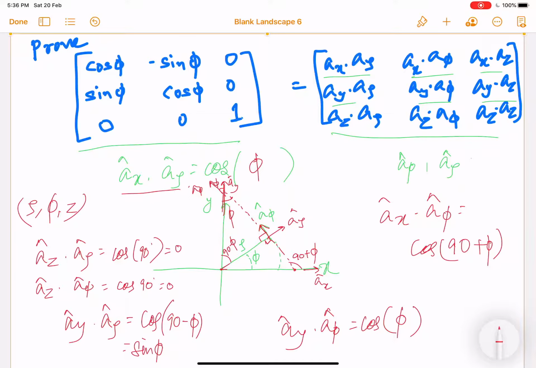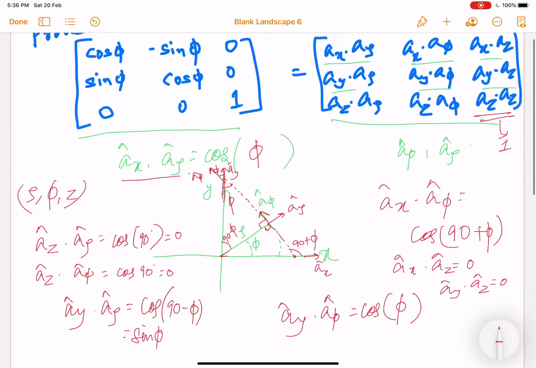What about ax cap dot az cap? Again, this is cos 90 degrees, 0. Ay cap dot az cap is again 0. And az dot az is cos of 0, that is 1. It's also pretty straightforward, the same as the previous question.